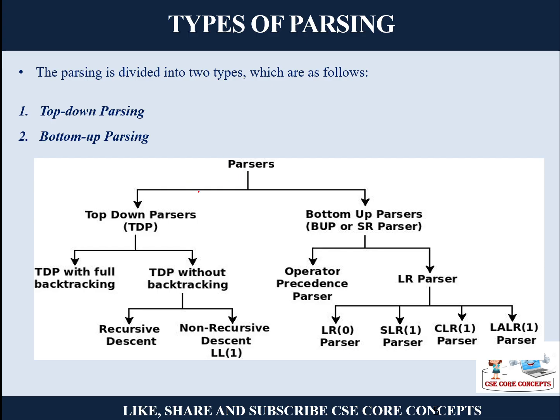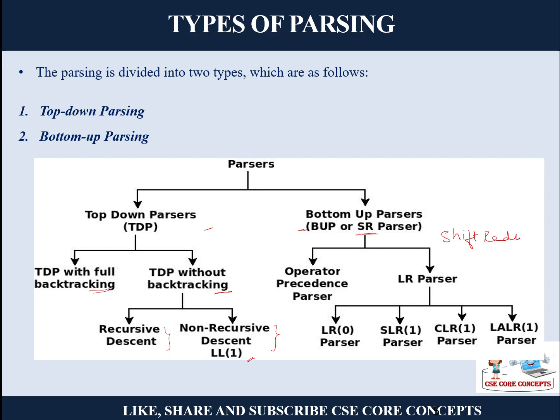You can see the table here, where you have two types of top-down parser: one with full backtracking, another without backtracking. Without backtracking we have two types of parser: recursive descent and non-recursive descent parsers, also called LL1 parsers. Bottom-up parsers are also called SR parsers, where SR means shift reduce parser.